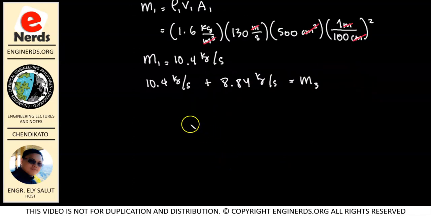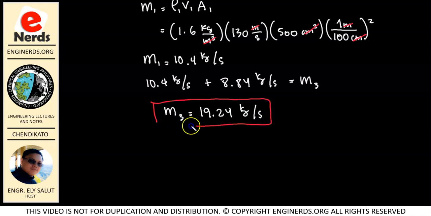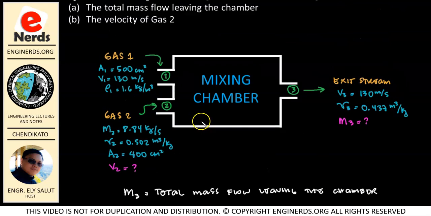So therefore, our M3 is equal to 10.4 plus 8.84, which is 19.24 kilogram per second, no? So nasagutan na natin yung ating first requirement, which is to find yung ating mass in our exit stream, no? So nasagutan na natin to.